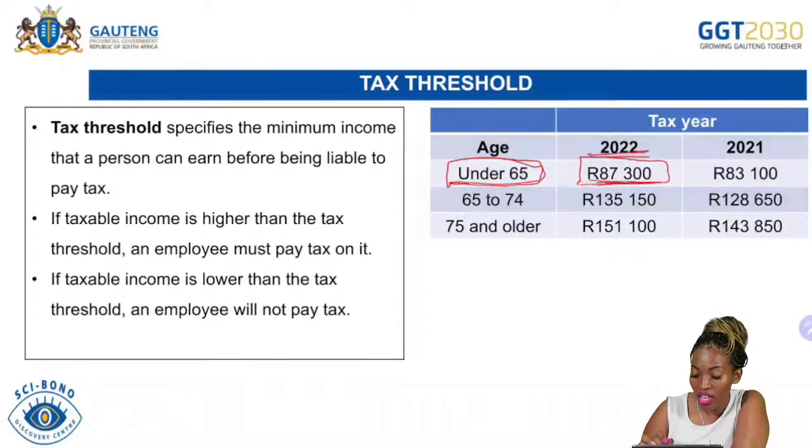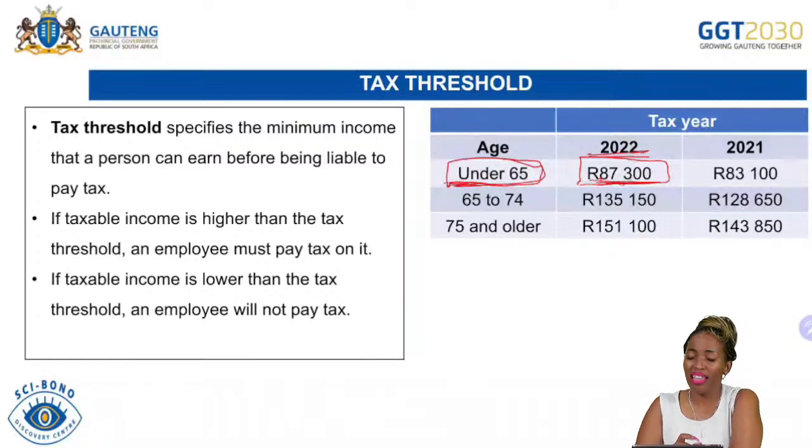Or if you are under the age of 65 and you are earning more than 87,300 per annum, remember all the values are per annum, then you should start paying tax. That is what the threshold is all about. It is a system that determines whether one is liable to be paying tax or not.